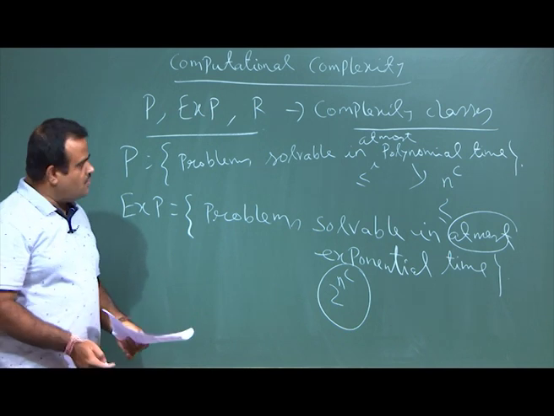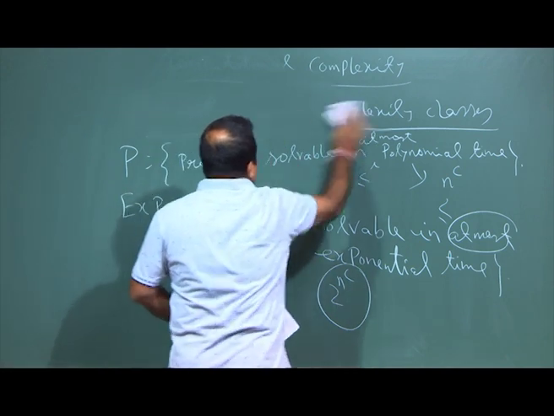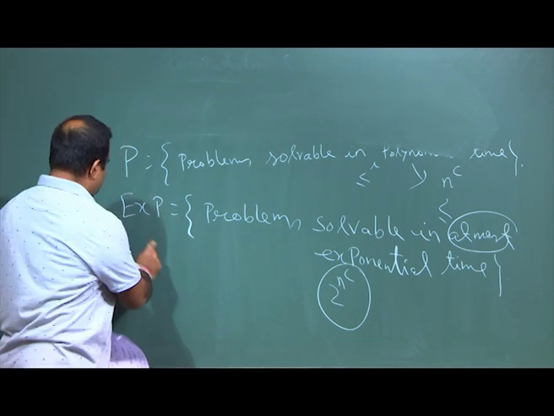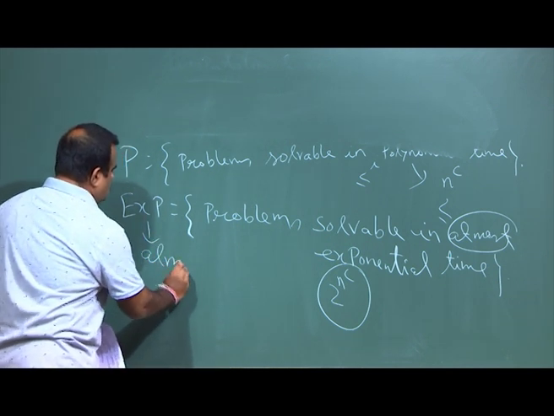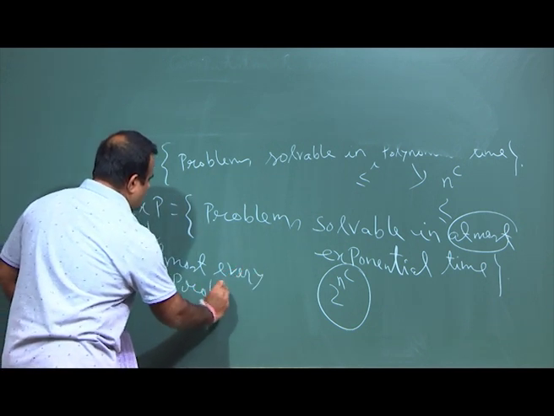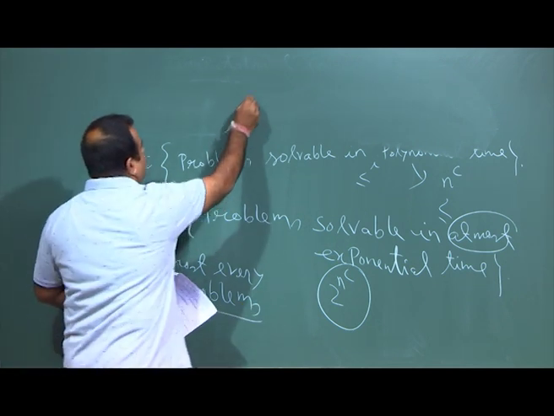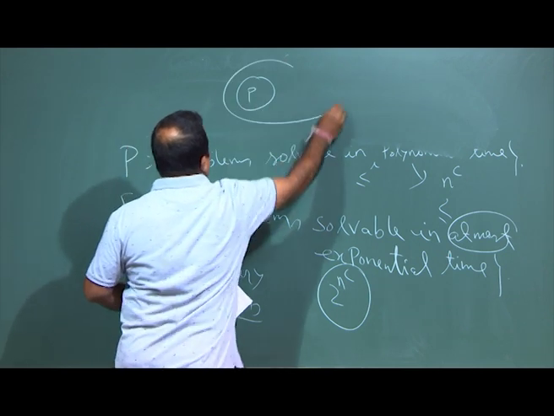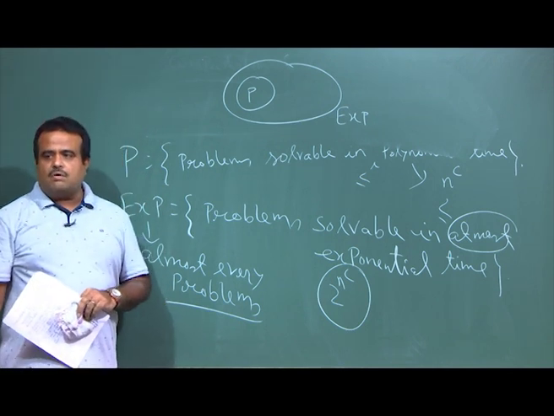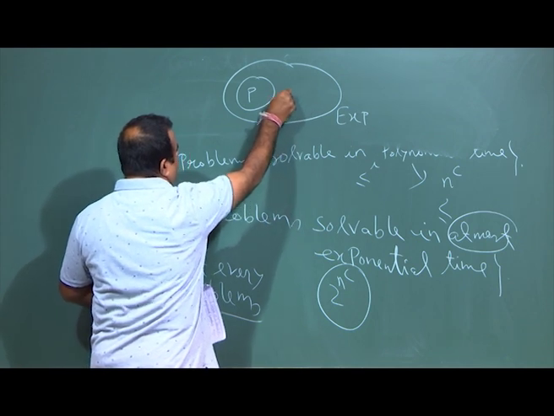If we want to draw a picture, almost every problem is in this class. Here this is P and this is EXP, exponential time algorithms. What we want is to bring the problem from here to here.